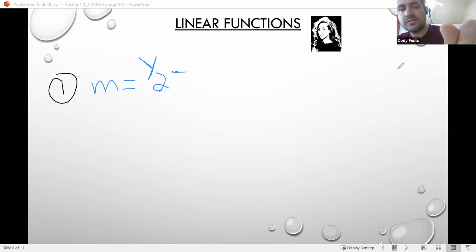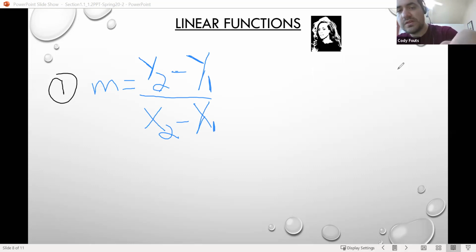Really, another way to think about this is change in outputs over change in inputs.